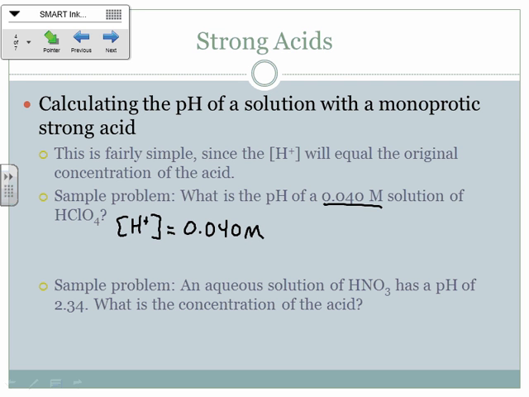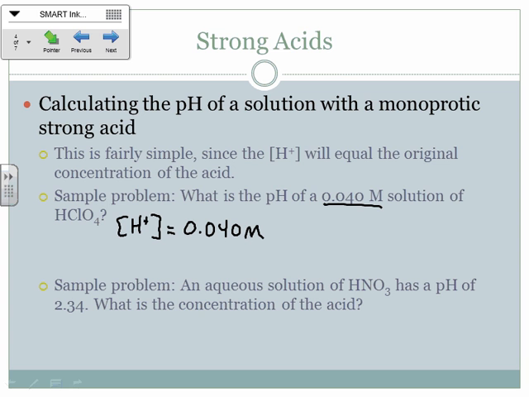So if you have a 0.040 molar concentration of the acid, then you have less than a 0.040 molar concentration of the H+. Okay, and that's all we can say for now. In fact, that's all we can say until we know the equilibrium constant for that weak acid, which we'll get to later. But for now, the H+ concentration is equal to the original concentration because we're talking about strong acids.